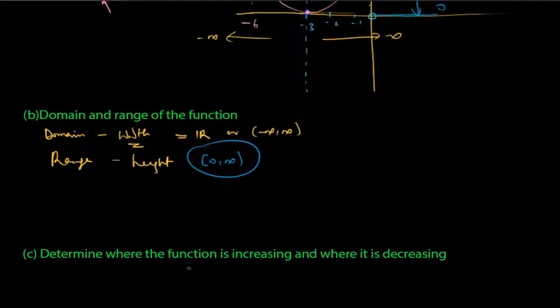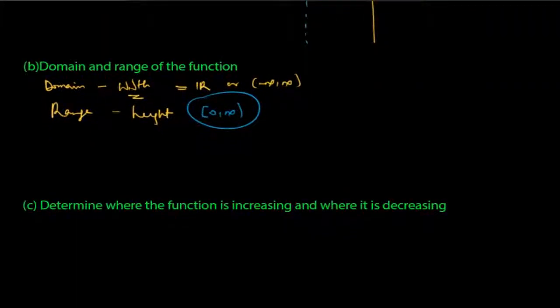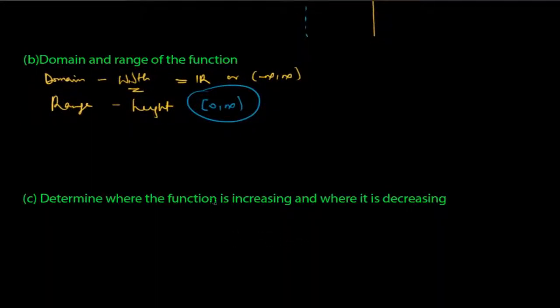Now we are told to determine where the function is increasing and where it is decreasing. You recall that whenever a function is increasing, it follows this direction here. This is for increasing, and when a function is decreasing, it follows the other direction, this direction here.